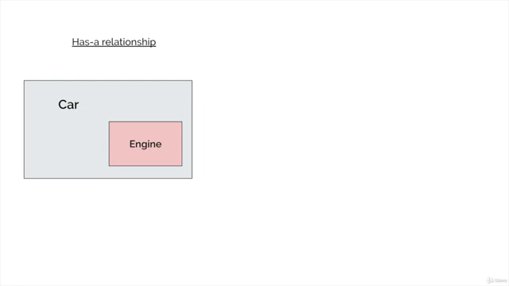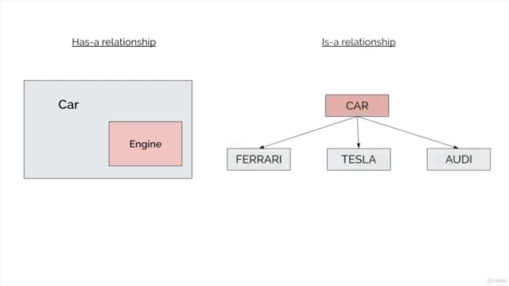There is no is-a kind of relationship, but the relationship is of the has-a kind. In the is-a relationship we saw that Ferrari, Tesla, Audi are each a type of car. We never said that Ferrari has a car or car has a Ferrari. So the relationship between Ferrari and car was of is-a type.